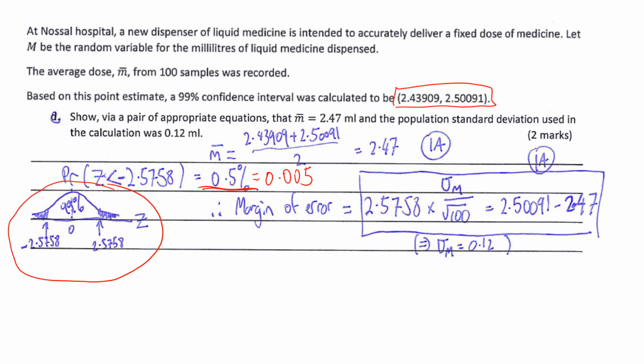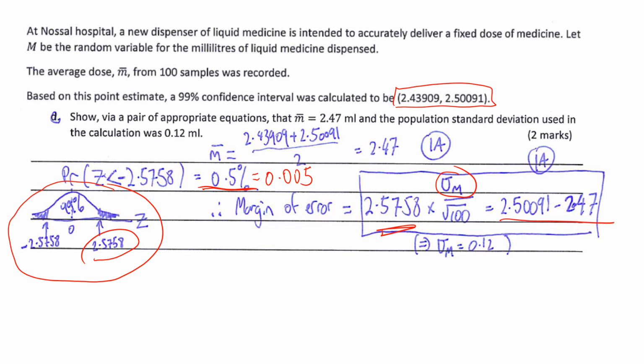So that's it. Okay. So anyway, margin of error, it's that factor 2.5758 times the standard deviation of our population divided by the square root of the sample size, which equals the square root of 100.